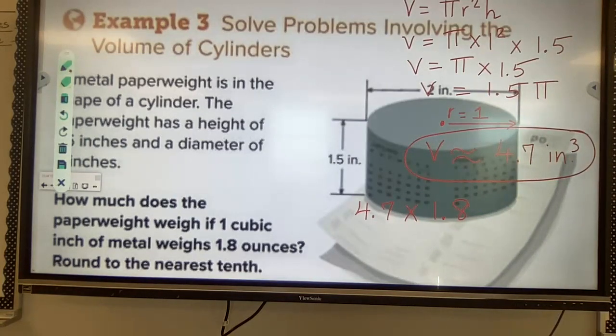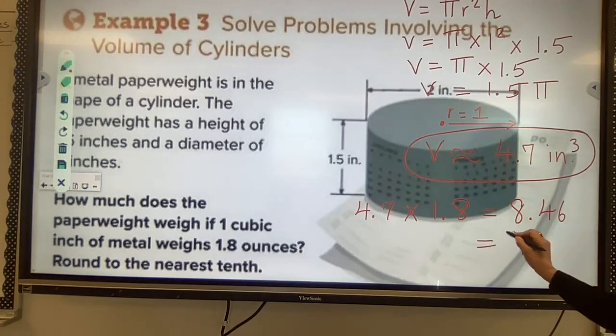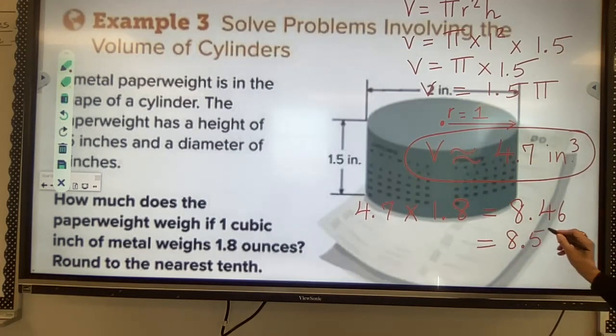Okay, and I would get 8 and 4600 when I multiply, and then if I round it, about 8 and 5/10 ounces would be the weight. Okay, so the weight of the paperweight is about 8 and 5/10 ounces.